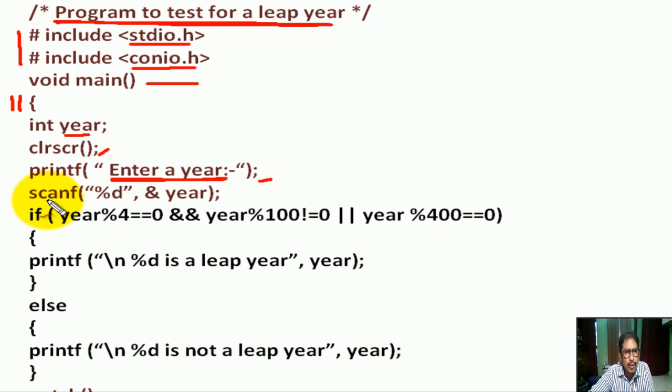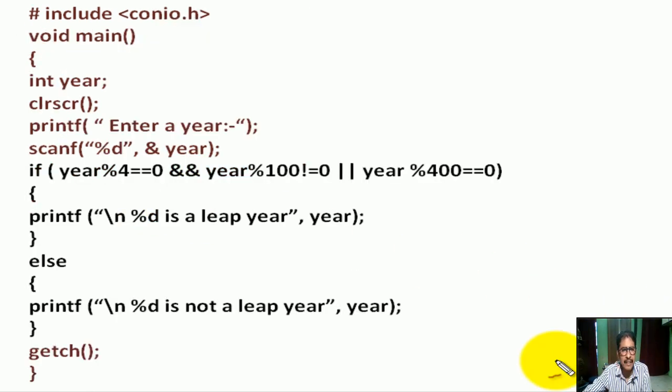Scanf function inputs the value of variable year. Okay, this is the control string. %d is for integer variable because year is the integer variable. Ampersand symbol represents memory location.